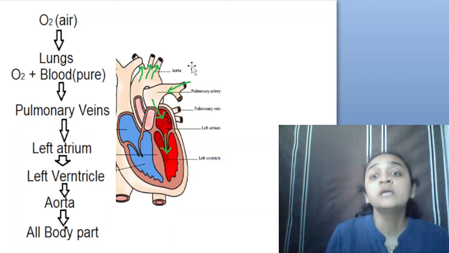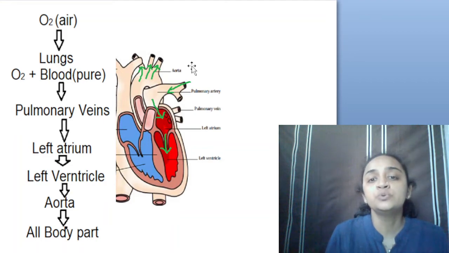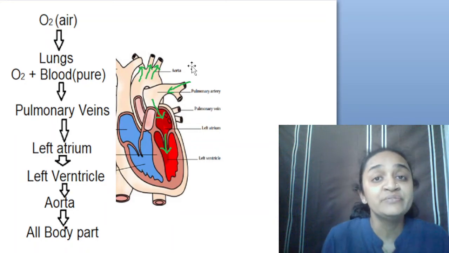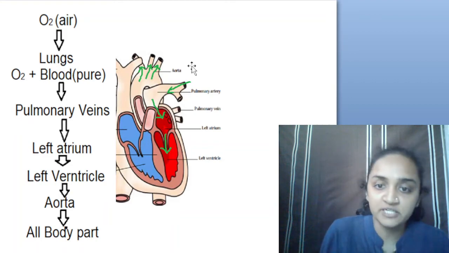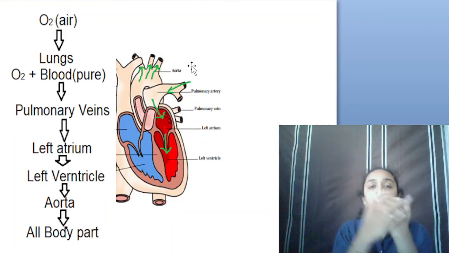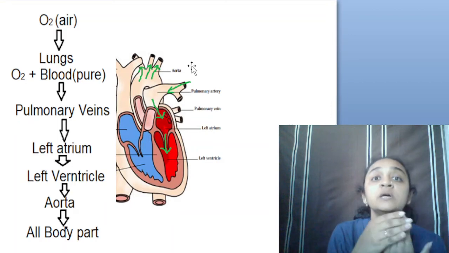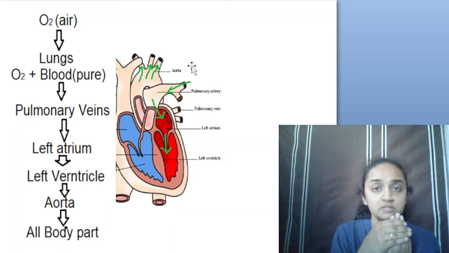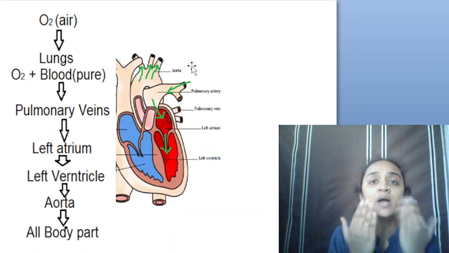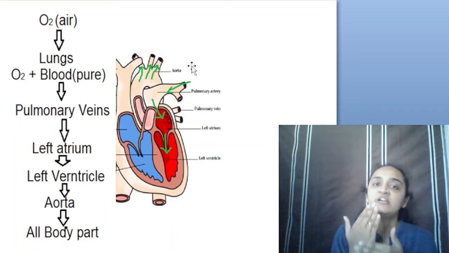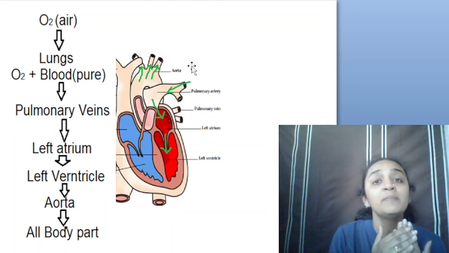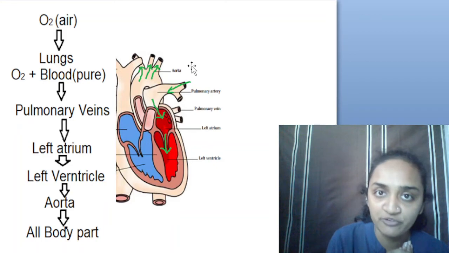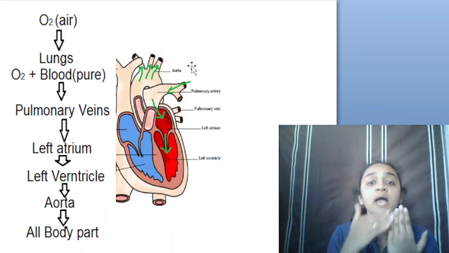which takes that blood to the heart, of course. Okay, which part of the heart will take that oxygenated blood first? It is the left atrium, the upper part of the left side. What are the four parts? Two atriums and two ventricles. So first of all, oxygenated blood will move from the lungs to the heart through the pulmonary veins and reach the atrium.